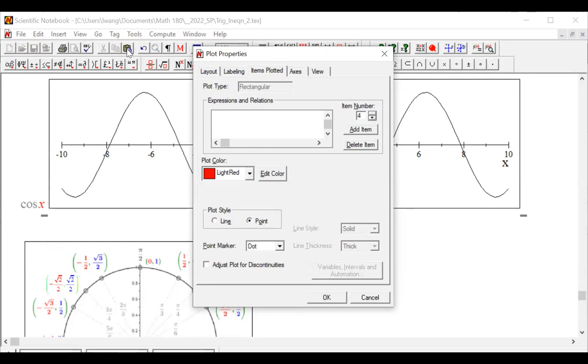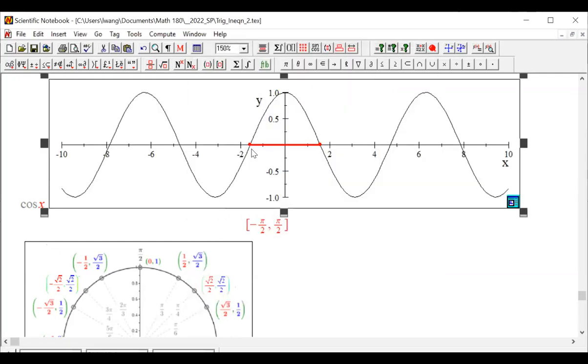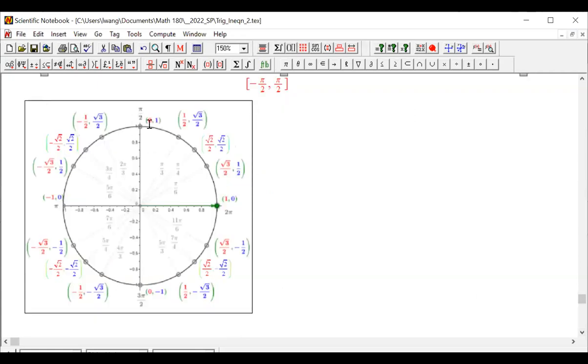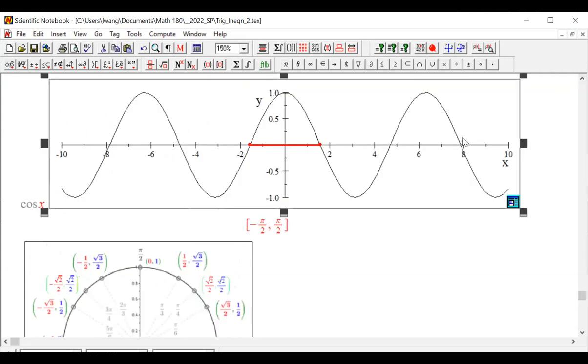So all of the points in between. Now that part is easy to identify. So how about this interval? We know this is π/2, so this is 3π/2, and that's 5π/2.